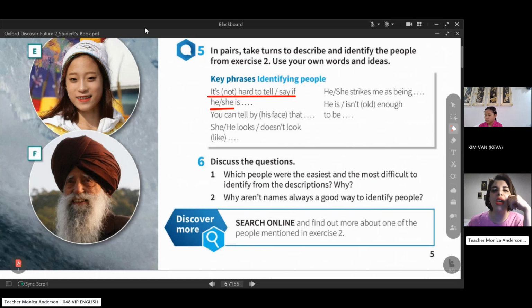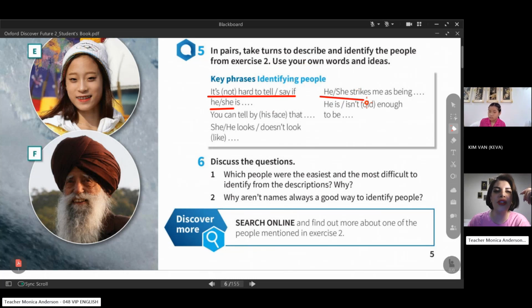Or you can say, for example, she looks beautiful, a bit thin or something like this, or she doesn't look. You can say she or he.